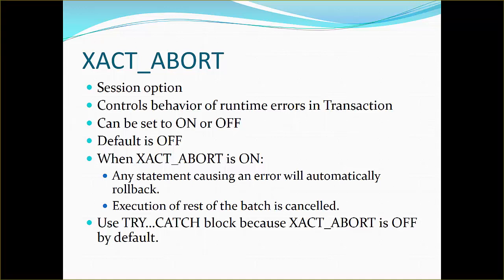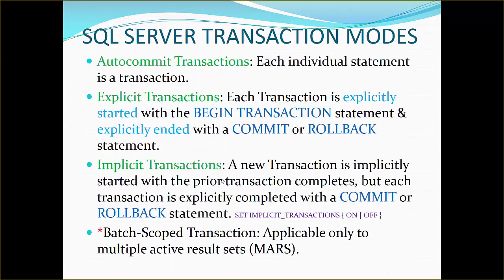It's defaulted to OFF. So XACT_ABORT in any session, if you don't touch it at all, if you don't specify it, is OFF by default. But if you want to use XACT_ABORT, that means that you have to set it to ON, right? So you can SET XACT_ABORT ON, the same way you did for SET IMPLICIT_TRANSACTIONS.